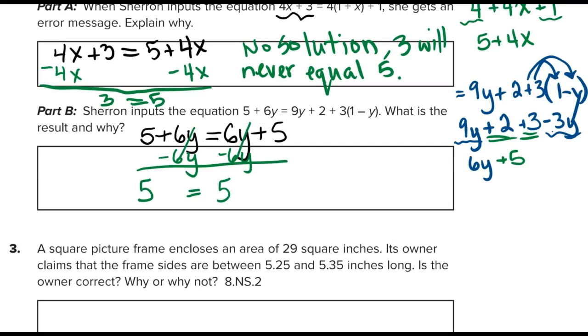So this is always going to be true. This has infinitely many solutions. Any number that you put in for y will always make this equation true.